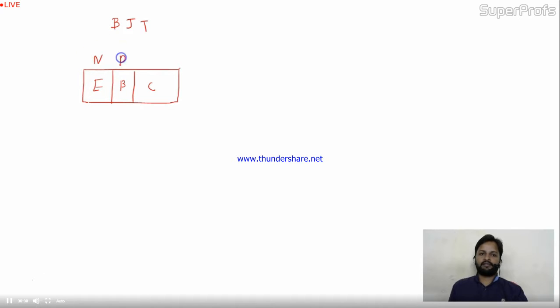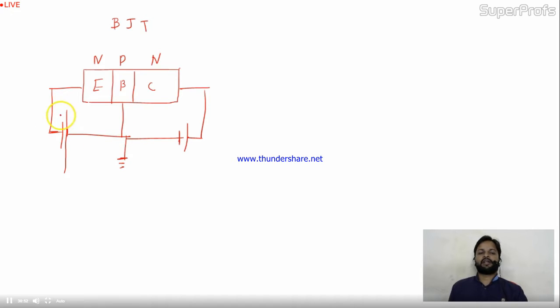This is N, P, N. Now if you connect this in forward bias, you will connect it like this. And for reverse bias, you will connect the positive terminal over here, and this is your active region. Why? Because here the VBE is connected in forward bias and here it is reverse bias, so it will work in the active region.